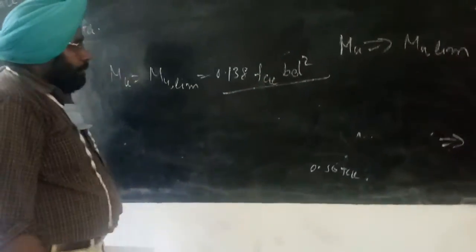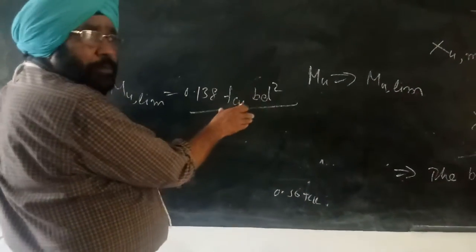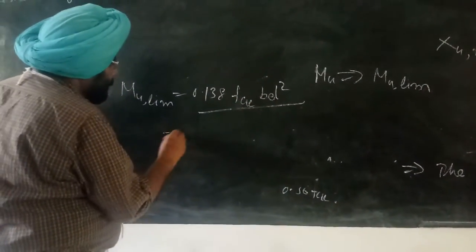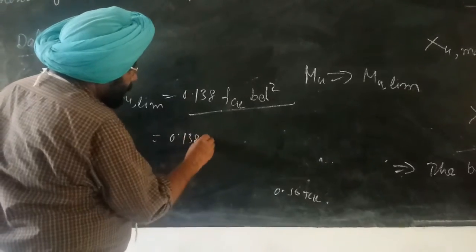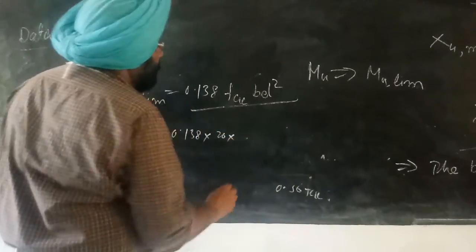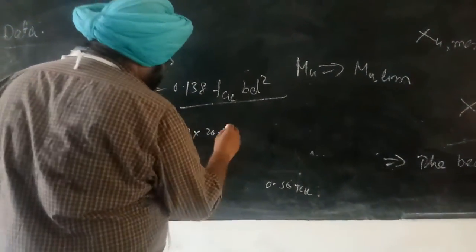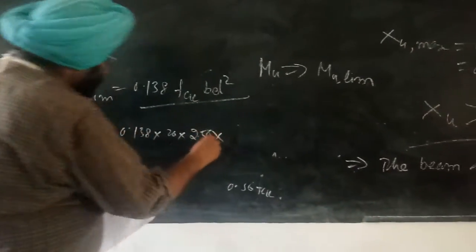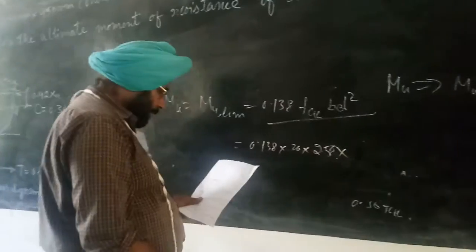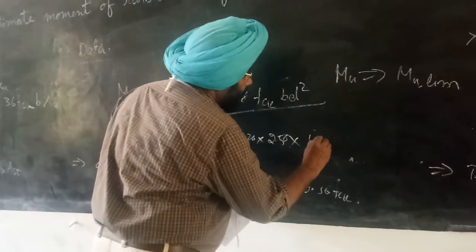Putting the values of the various parameters in the equation, we get 0.138 times f_ck, 20, times b, the width of the section, 250, and d, the effective depth, whose value is 400.